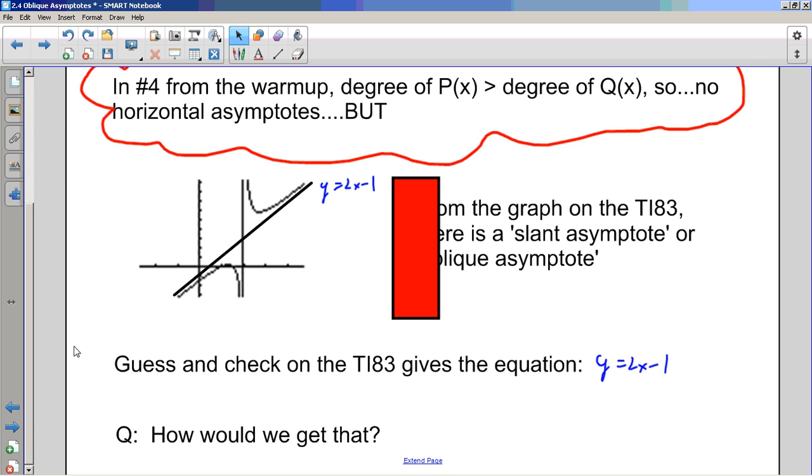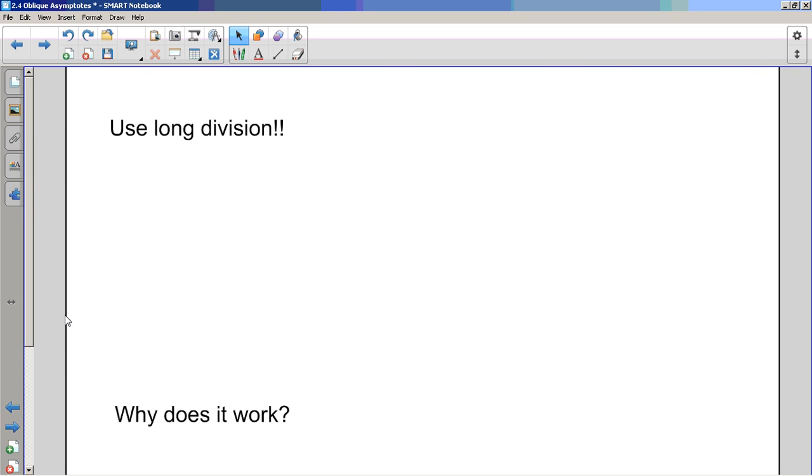And the answer is mind-boggling. It's amazing. We use long division, believe it or not. Watch the magic here, folks. So if I take the bottom of the function and I divide it into the top of my function, watch what happens. I need a value that will get this to cancel out when I subtract.